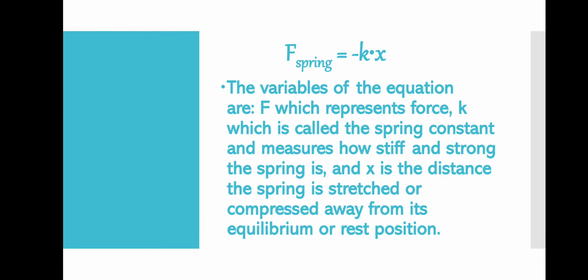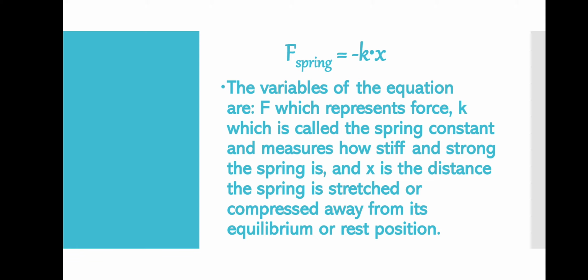The variables of the equation are: F represents the force, k is the spring constant that measures how stiff and strong the spring is, and x is the displacement, the distance the spring is stretched or compressed away from the equilibrium or rest position.